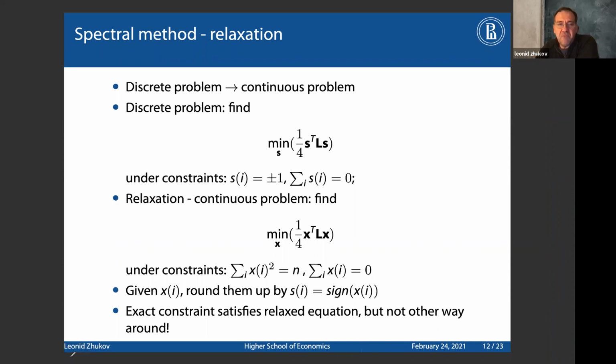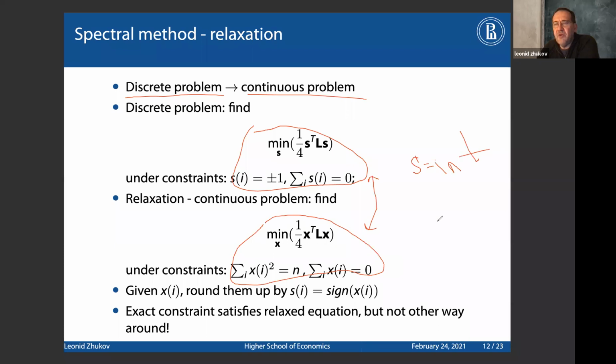So we replace the discrete, precise, exact problem with an approximate continuous problem. And then instead of integer programming, integer optimization of minimizing this, we will be doing that, right? You would say, what's the difference? It's all the same. Well, the difference is that s is an integer and can be only plus or minus 1, and x is a real number.